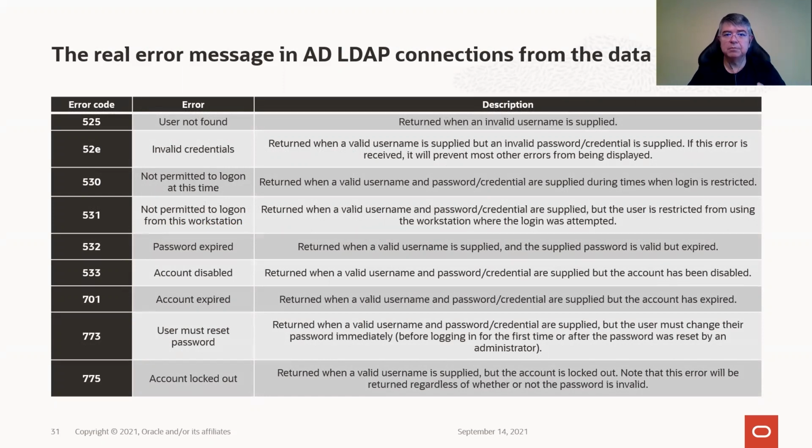This is the real problem when connecting to an Active Directory LDAP server. These errors will bring you many descriptions, many things where you can find what's really happening, instead of just invalid credentials. The only error with invalid credentials is the 52e. All the other errors that come in the data field have a different meaning on the system.